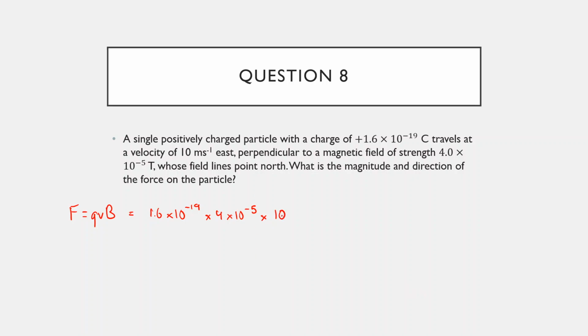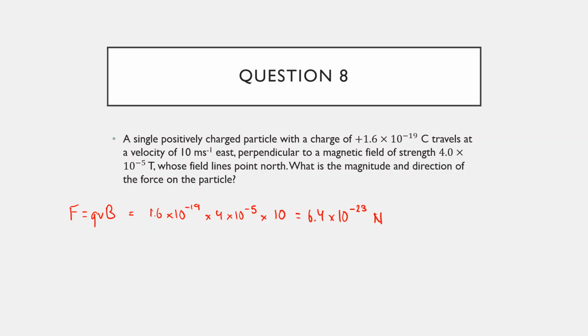If we multiply all that together, let's work this out together: 1.6 times 10 to the negative 19 times 4 times 10 to the negative 5 times 10, and we end up getting 6.4 times 10 to the negative 23 newtons. So magnitude's pretty easy to work out.